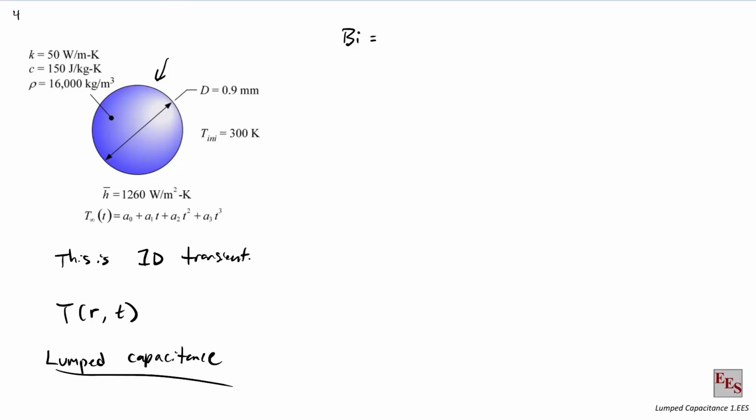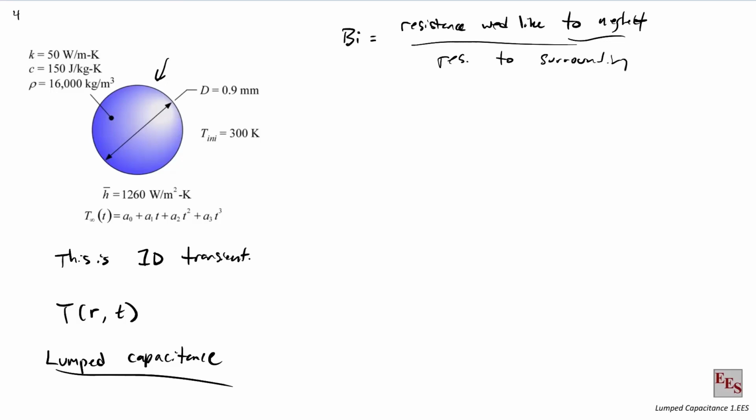And the Biot number in this case is still the resistance that we'd like to neglect, divided by the resistance to the surroundings. Okay. For this problem, what's the resistance that we want to neglect? If we're trying to say that temperature is only a function of time, what is the thing we're trying to neglect? Yeah, Matt.